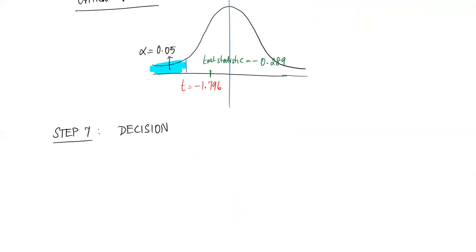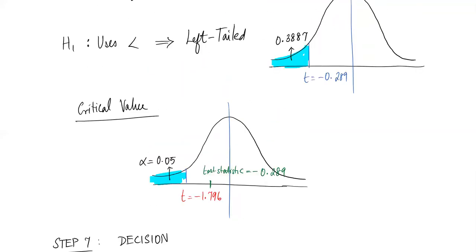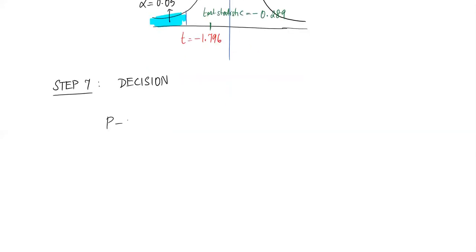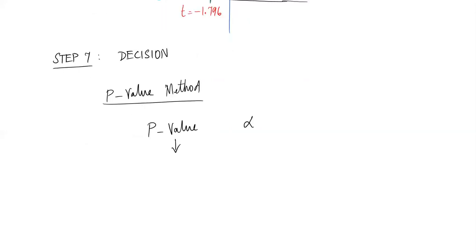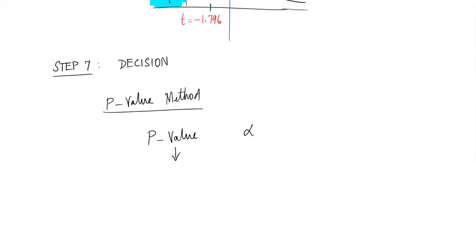You can choose any one method, and they are equivalent, so they will give us the same information. Because we used the p-value method first, let me do the decision for that. Remember, for the p-value method, you set your p-value on the left and your alpha on the right. So write the p-value, which was 0.3887, and your alpha, 0.05.